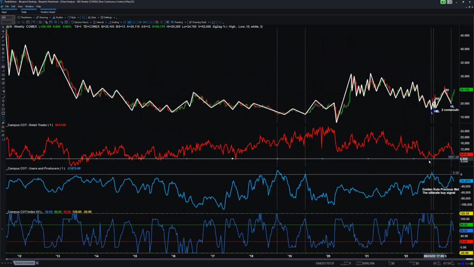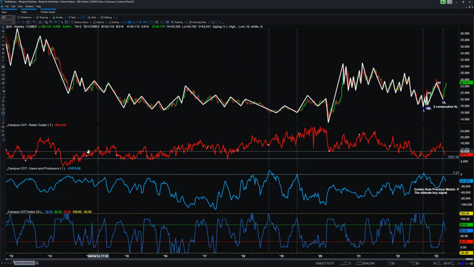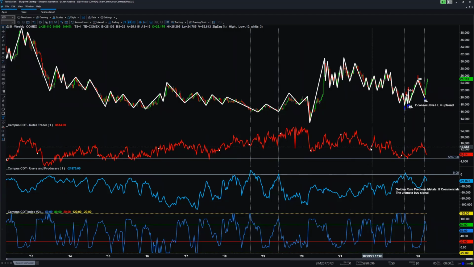They were down here. When was the last time they were down here? In 2017. Not a good time to be a seller here. Price just rallied after. So here as well, price just rallied. So whenever they're down here, it's usually not a very good time to be a seller.